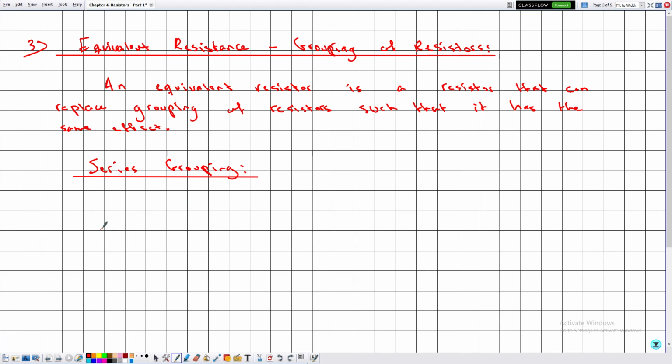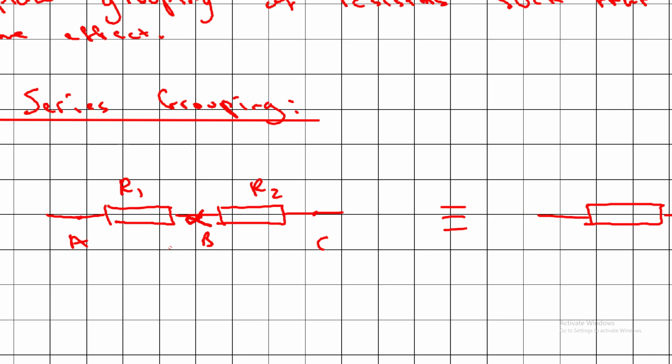Now suppose here that we have two resistors that are in series. So this is the terminal A, this is the terminal B, and this is the terminal C. Now the equivalent resistance is a resistor that replaces resistors R1 and R2, and in this case the point B will disappear.